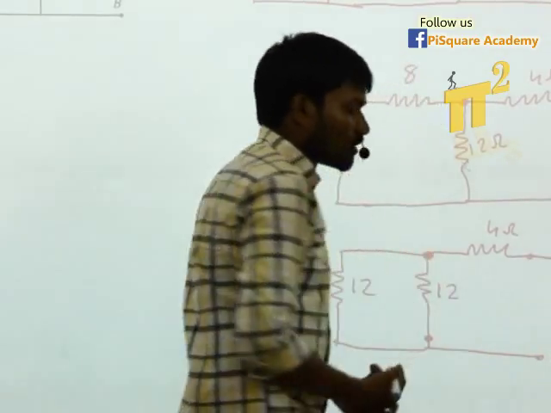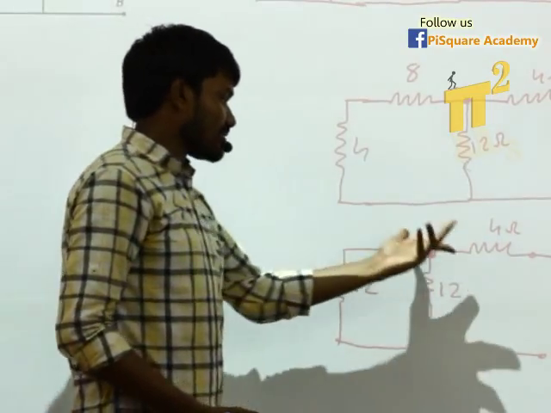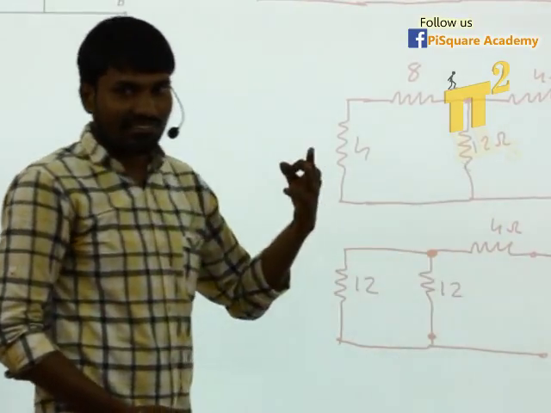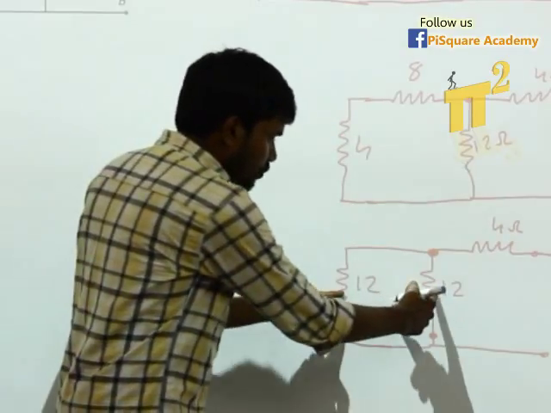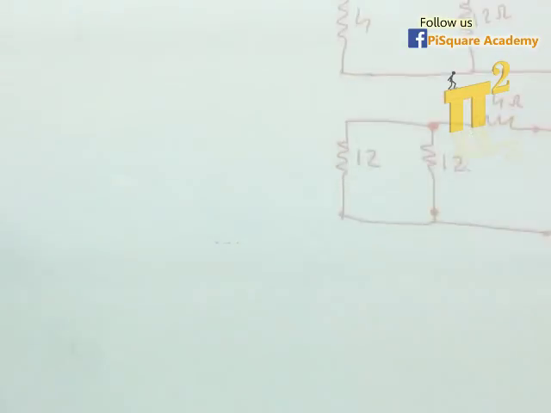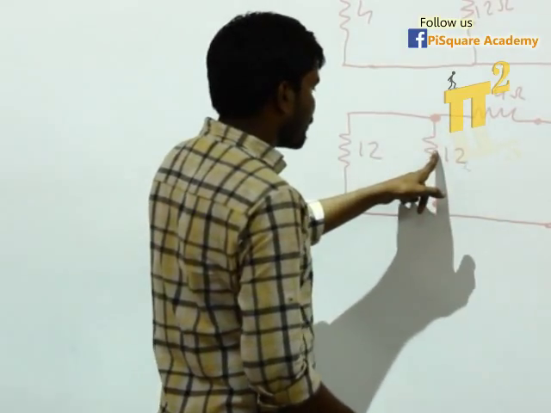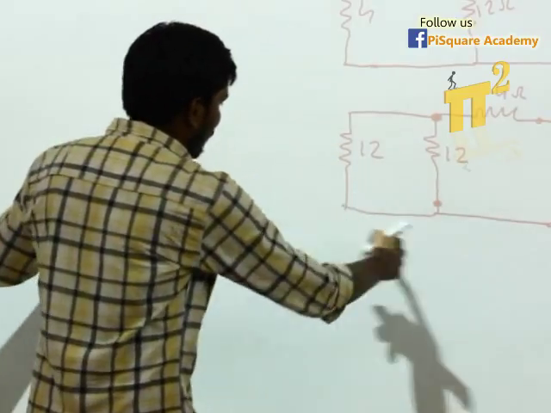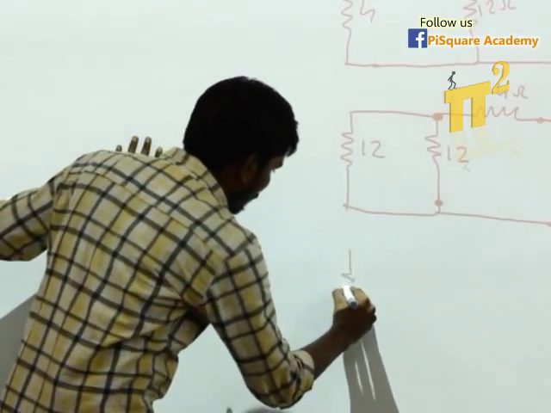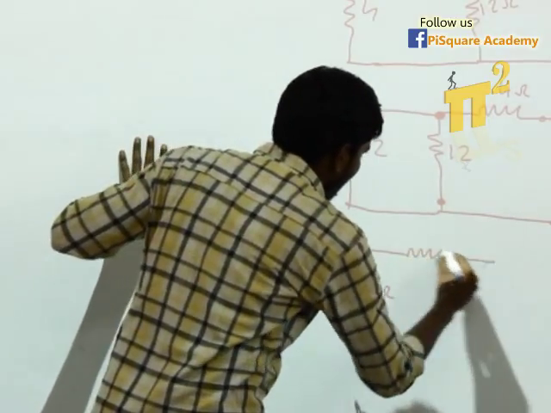So I can't say these two are in parallel, neither in series, because the degree is 3, not 2. But these two, yes, they're in parallel. 12 and 12, these two are in parallel. Current gets divided and they are sharing the same nodes. So 6 ohms is the equivalent resistance.